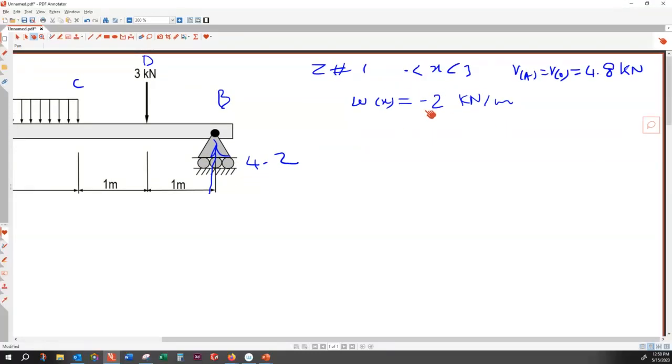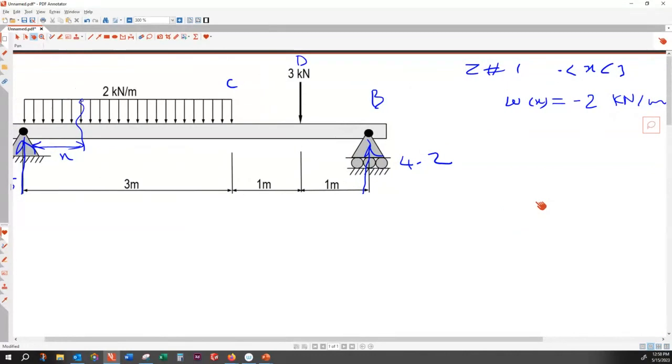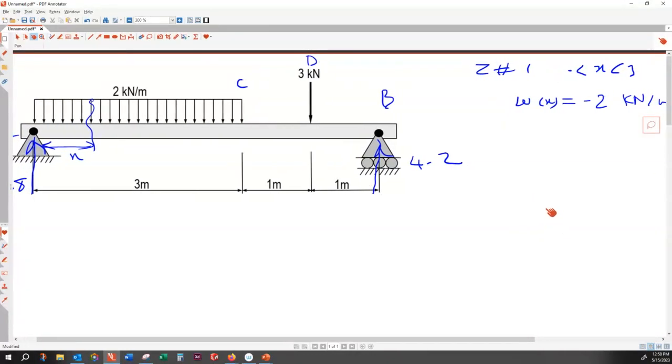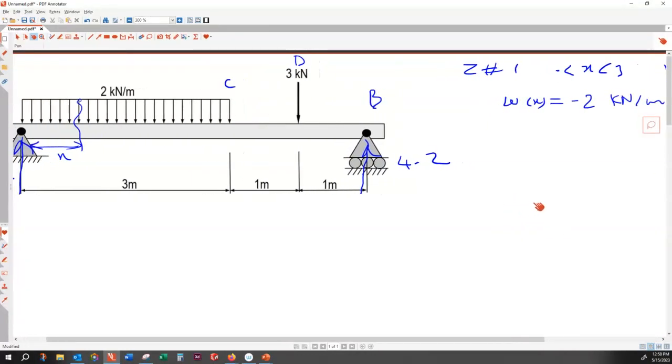Okay, is that making sense, Darcy? W of x equal to minus 2. This is not your question, right? So are you happy with that one? All right, so W of x is a distributed load, and a distributed load is a different concept from a point load. That is something like an intensity of the load.